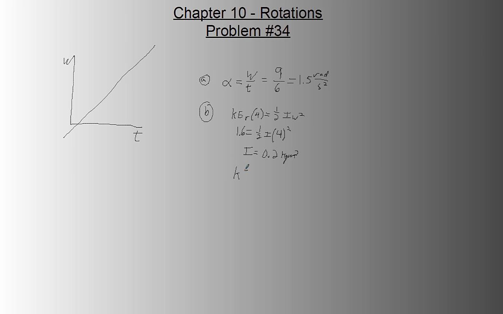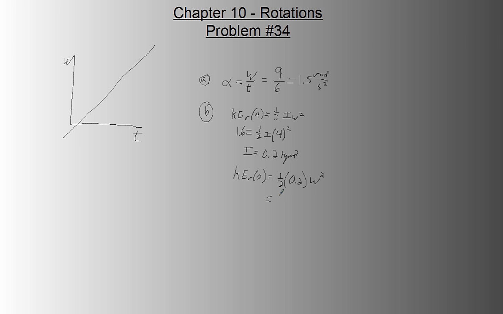So KE rotational at 0 seconds also equals 1/2 times the same rotational inertia, 0.2 that we just found, times omega squared. And looking at t equals 0 on the graph, you see that the angular velocity is -2.